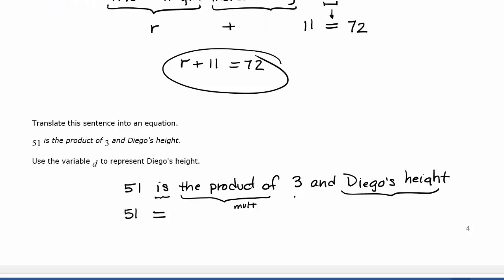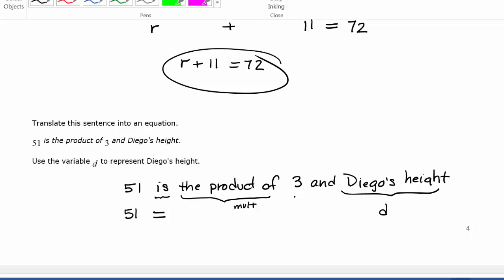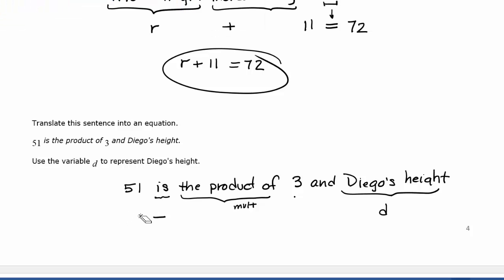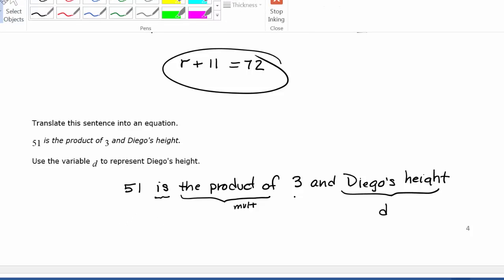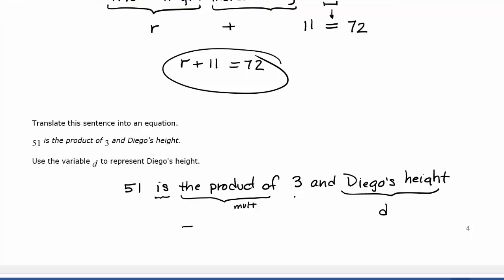Right? So I'm going to put d. So 51, I'm going to rewrite this a little bit. So 51 equals 3 times d. So there's our equation. And again, we could solve it, but they only asked us to translate it.